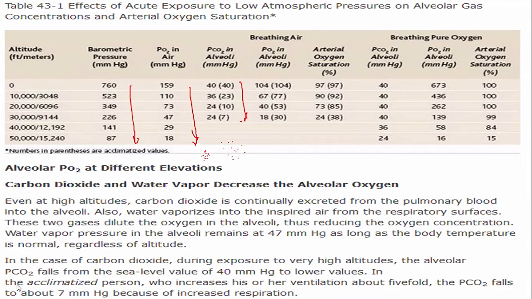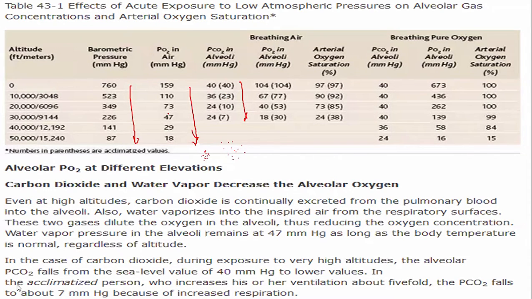You want oxygen, so you try to breathe. As you breathe in oxygen, you also exhale faster, so you are releasing carbon dioxide.